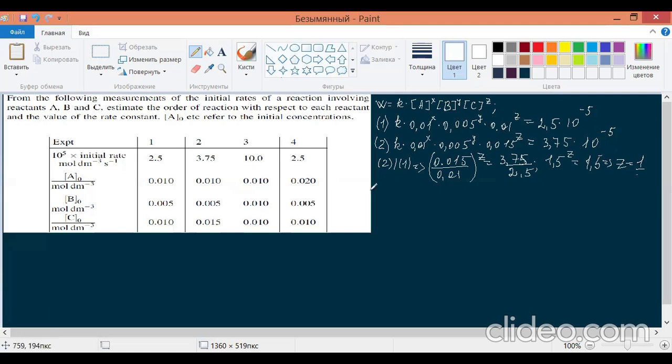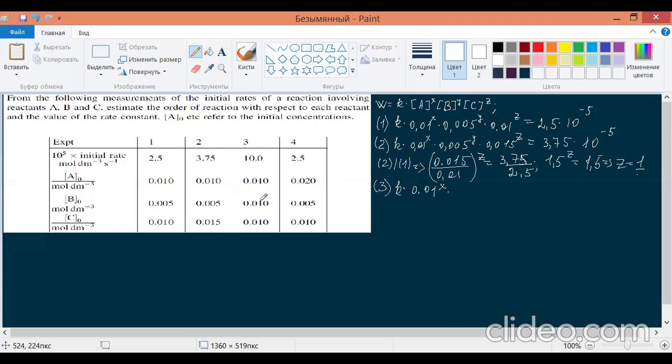Now let's do a similar thing for equation 3, for example. It's k times the concentration of A, which is 0.1 raised to x.